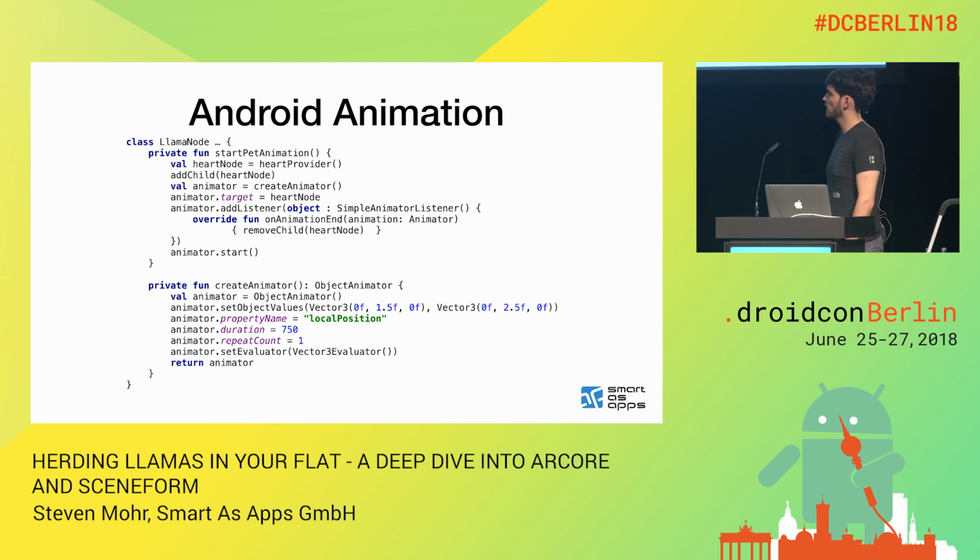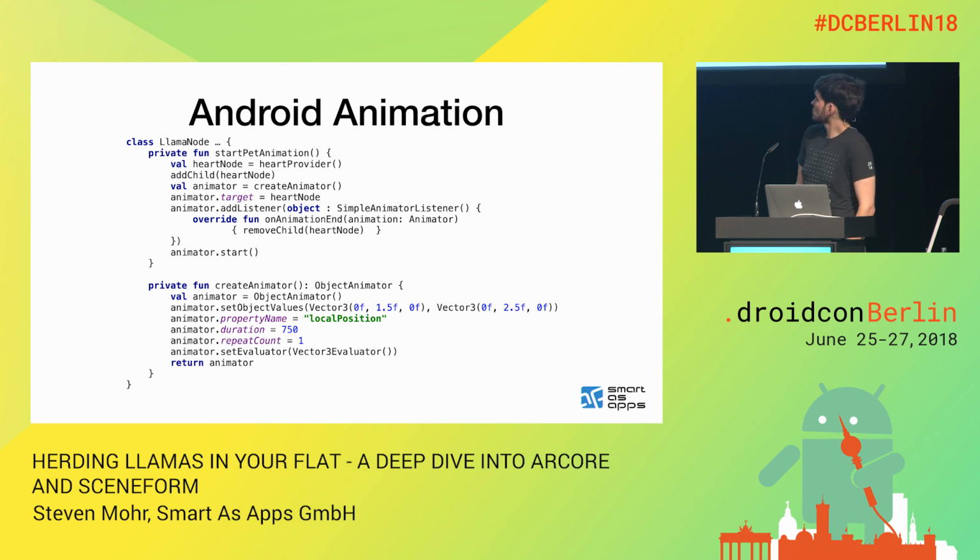And then that's the part that's Sceneform specific: you set an evaluator, and Sceneform provides you with a Vector3 evaluator, which includes the logic to interpolate between different vectors. There's also another one that can be used to interpolate rotations.